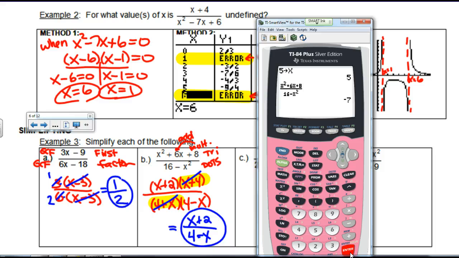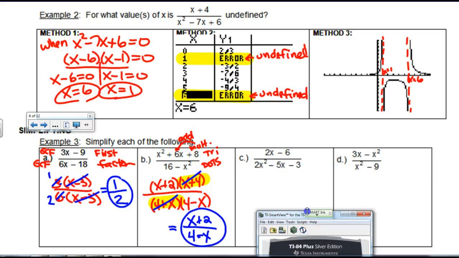Now that's meaningless right now, but if I want to check my answer, x plus 2 over 4 minus x, if this gives me the same value, then I know that I did the problem right. And it's a match, so I know I'm right. The only thing this method does not do is make sure that you're simplified enough. If you forgot to cross something else off that should have been, it won't tell you that, but at least it'll tell you that you have a simplified version, maybe not the simplest, but a simplified version of the original.